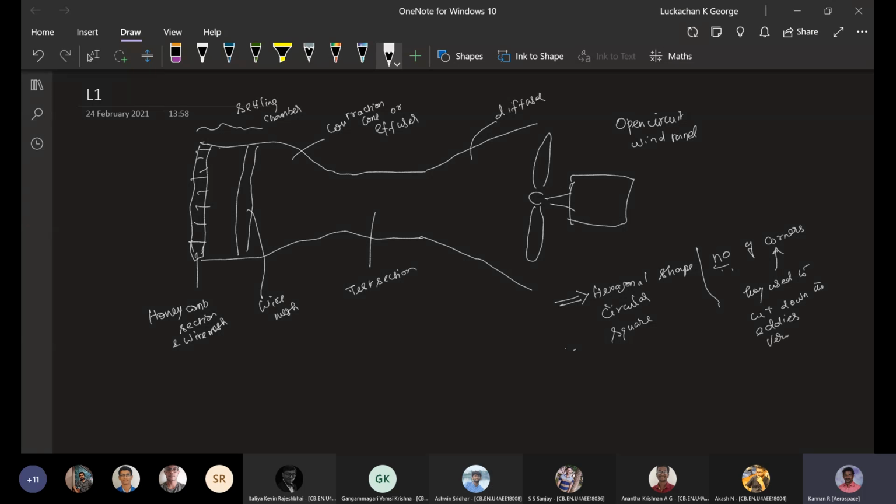And also they are going to have a wire mesh. Even if there are smaller eddies, they will be straightened and reduced with the help of the wire mesh.